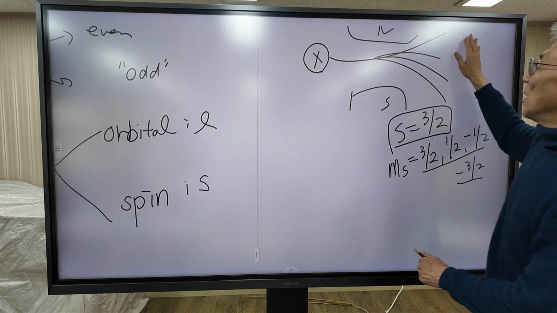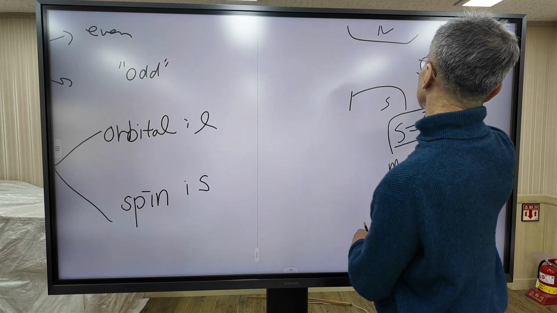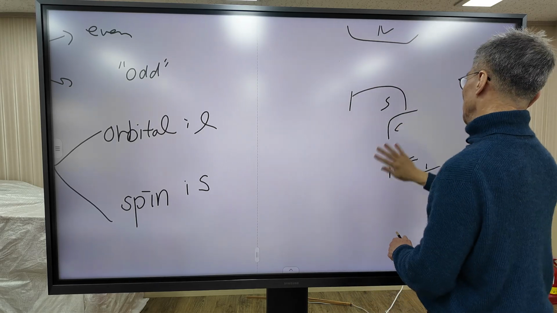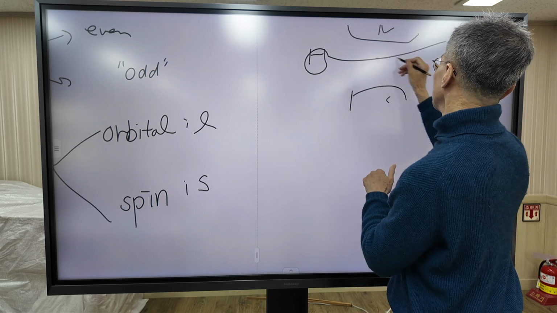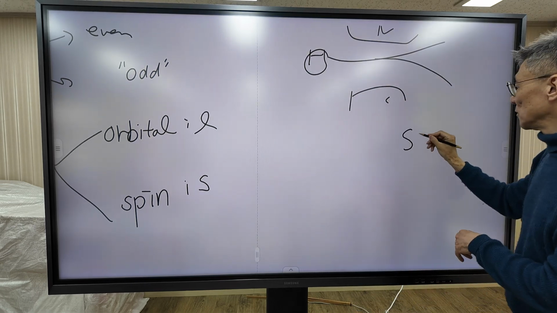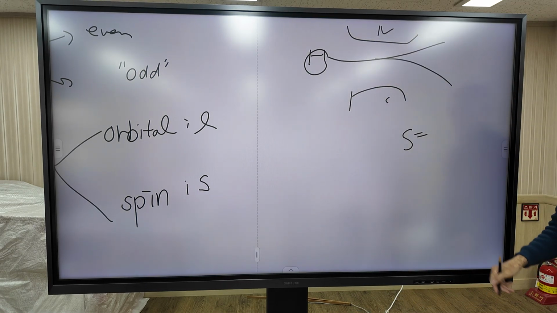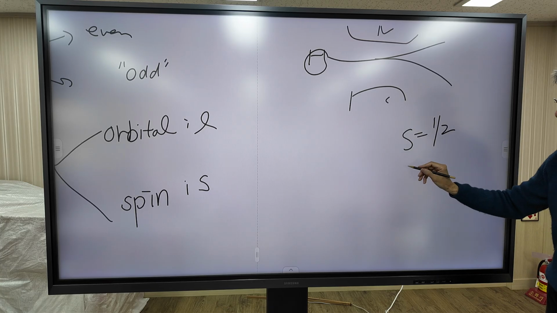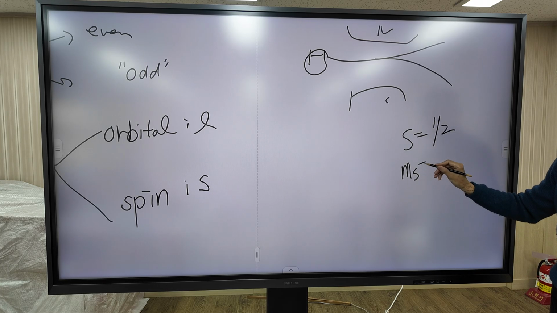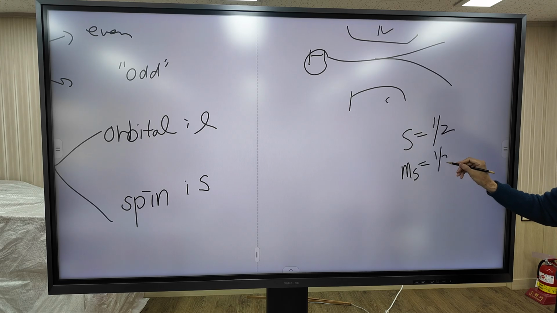Then how about the hydrogen atom? For the hydrogen atom, it is split into only 2. Then what is the quantum number s? It is 1/2. Why? Given s, we can define ms. It starts at 1/2, and the next one is minus 1/2.